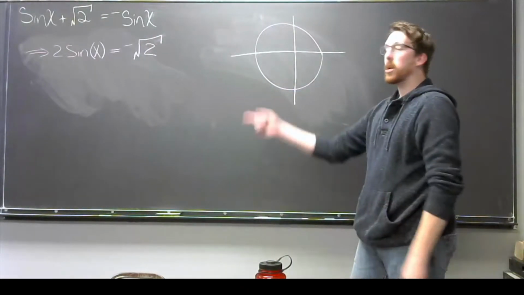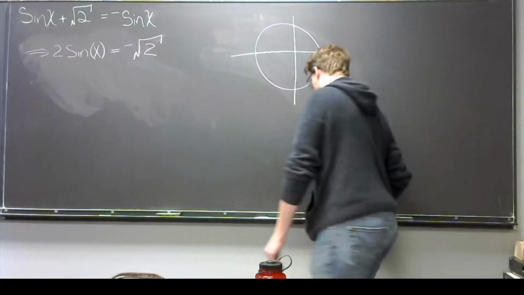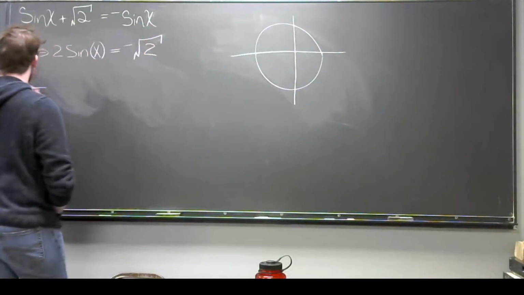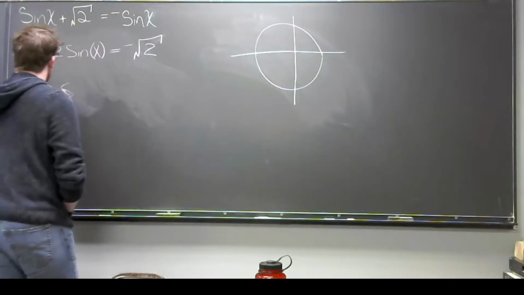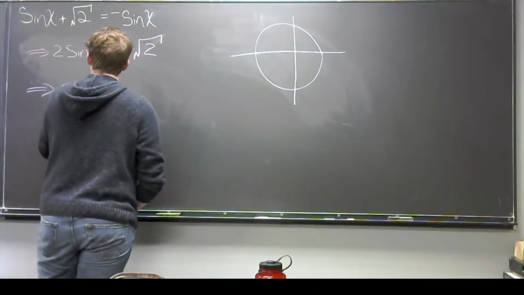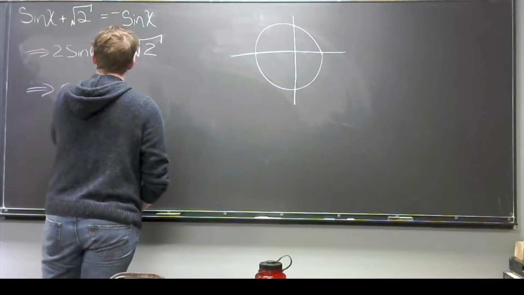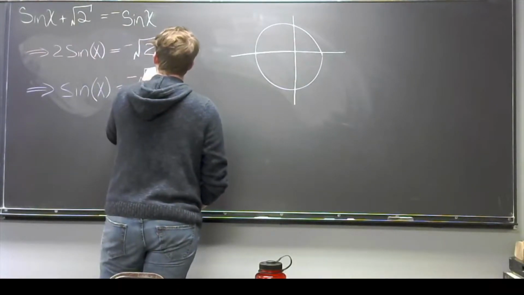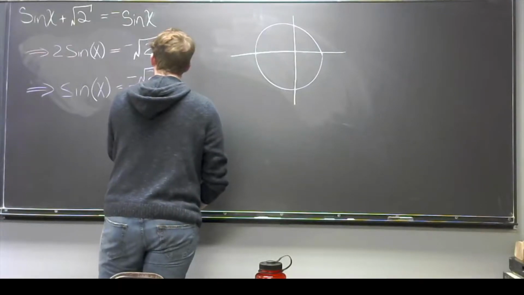From here, we can divide 2 from both sides. So we're going to have sine x is equal to the negative square root of 2 over 2.